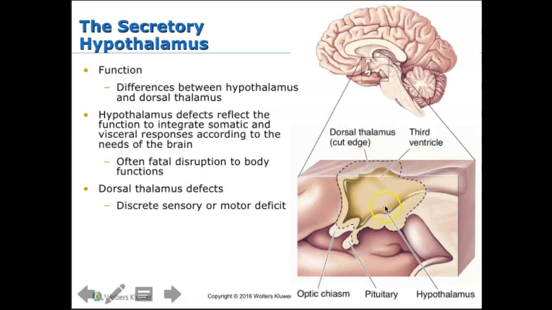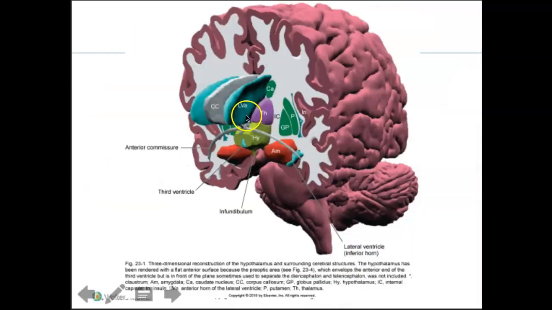I just want to point out that both the thalamus and hypothalamus are organized on both sides of the third ventricle. So a large portion of it is actually empty space filled with cerebrospinal fluid. That might be a little better illustrated right here.